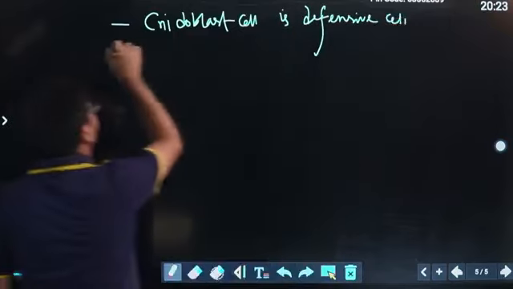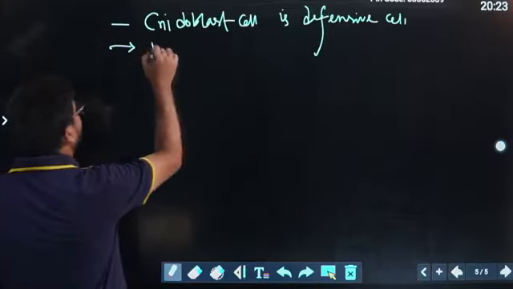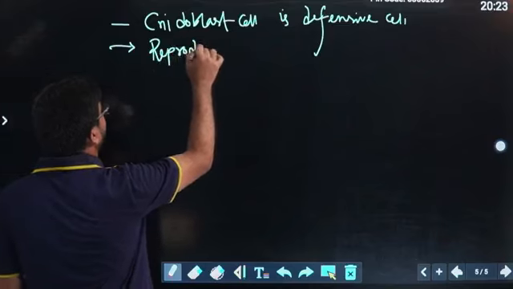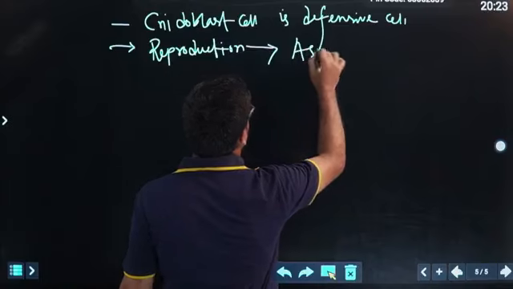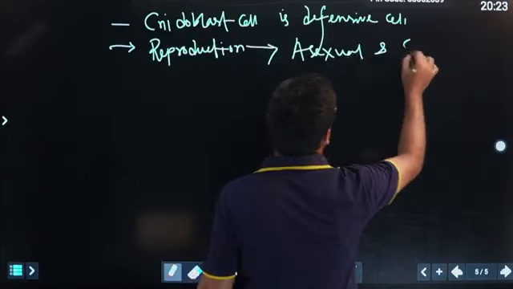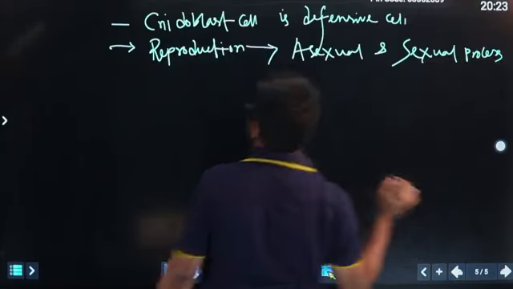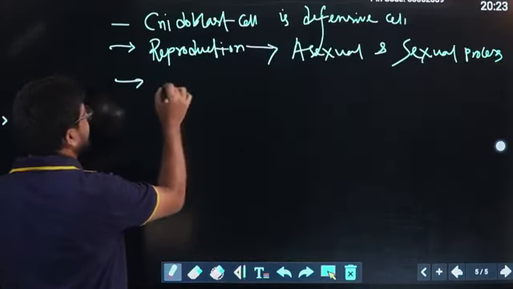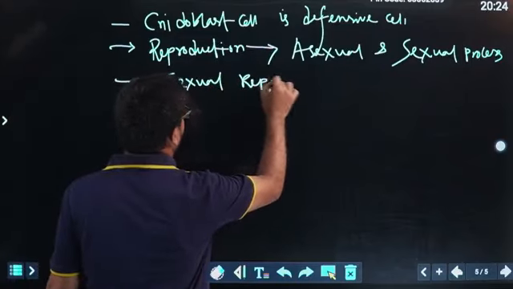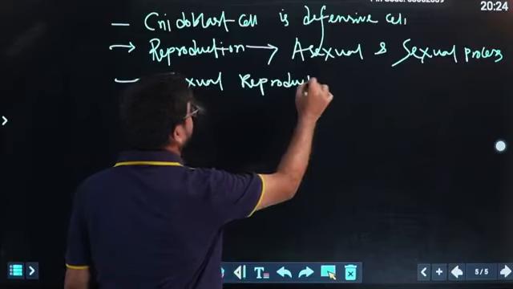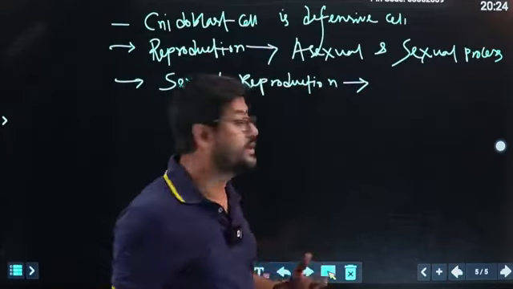Next, what will be the other characteristics? Look, they have a reproduction process. Reproduction can be carried out by both asexual and sexual processes. Another important thing: in the case of sexual reproduction, you should remember it happens when food is not available.